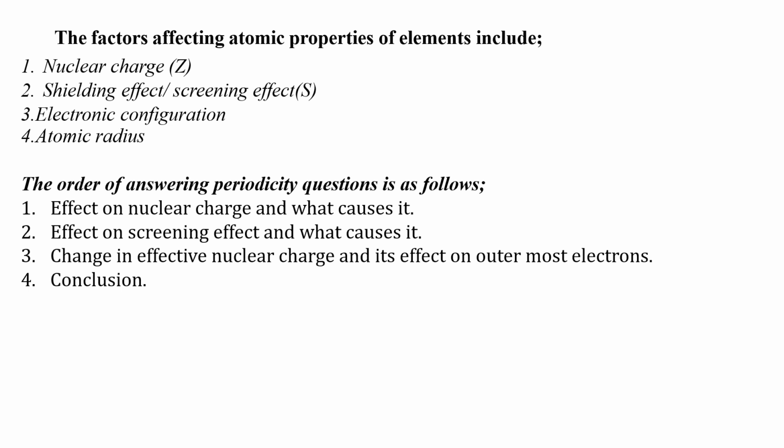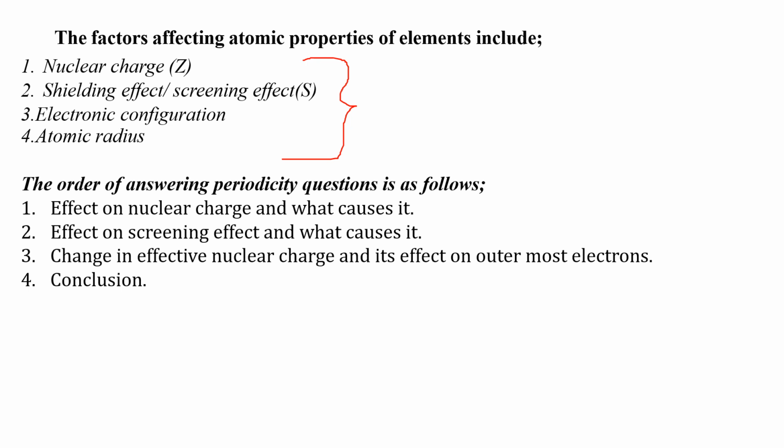Now, factors affecting atomic properties of elements include nuclear charge, denoted by Z, screening effect, denoted by S, electronic configuration, and atomic radius. So these are the factors that you are going to be looking for when you are marking, the way you are going to approach chemistry explanations, especially for periodicity. Now, periodicity is everywhere in inorganic chemistry.